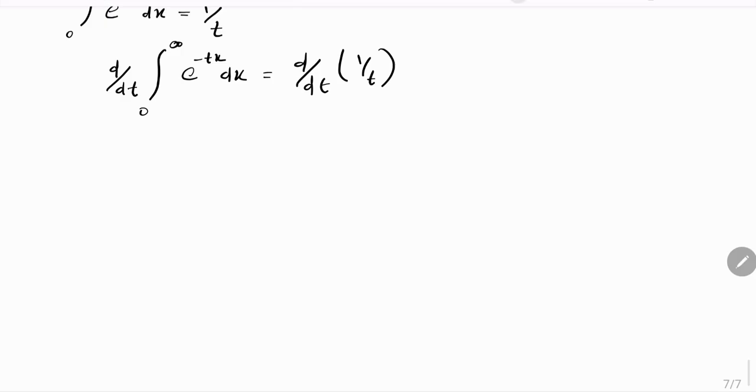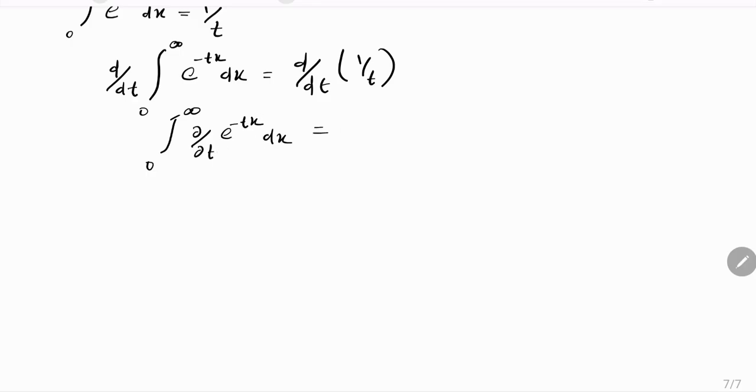This is differentiating with respect to t, but the integration is with respect to x, so we can take it inside and write integral 0 to infinity of the partial derivative, dou by dou t of e to the power minus tx dx.